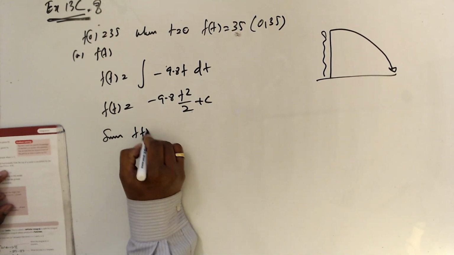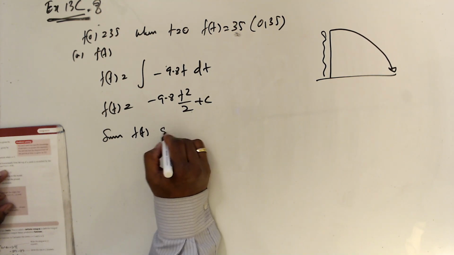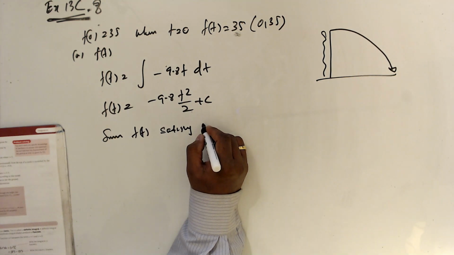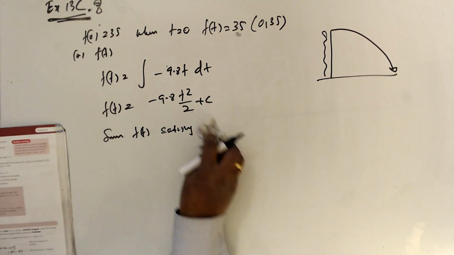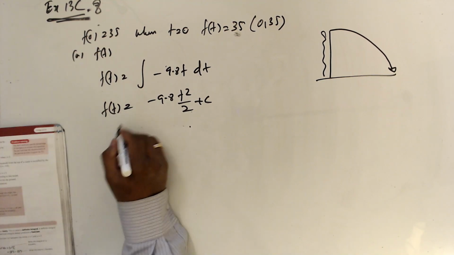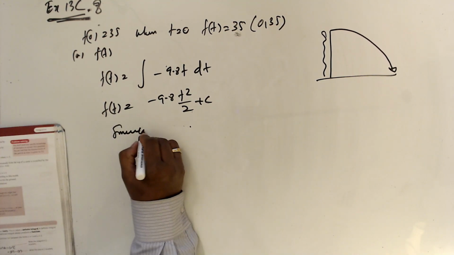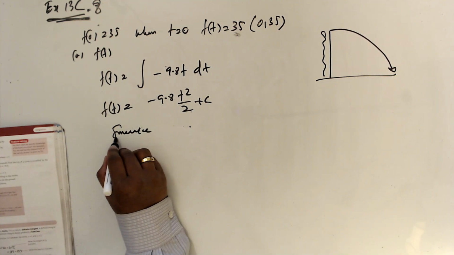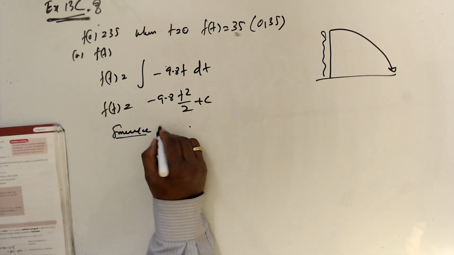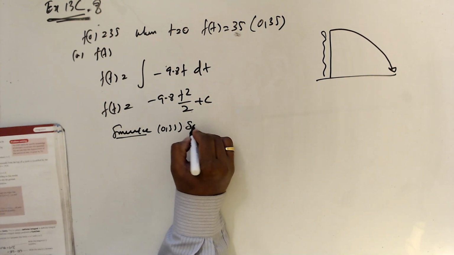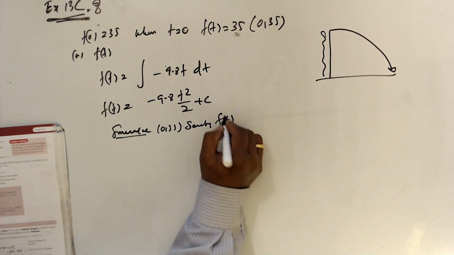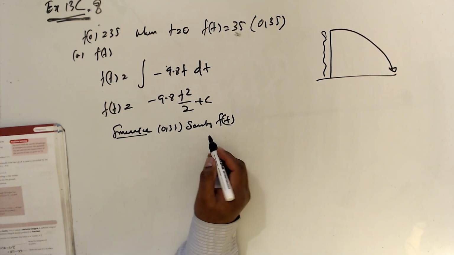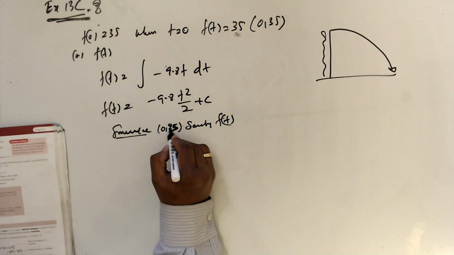Since (0, 35) satisfies f(t), it has to be in the opposite way. I think in the previous sum I wrote it the other way around by mistake, but you know what it is basically.